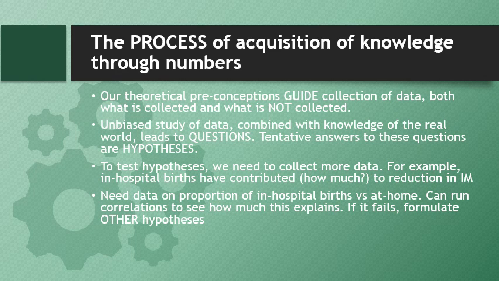It's all about in-hospital births. But if they have increased somewhat, so they explain some part of the decrease, but not other parts, and that's how it actually turns out, then we can just say that in-hospital births is one part of the solution, but there are other factors which are also important.